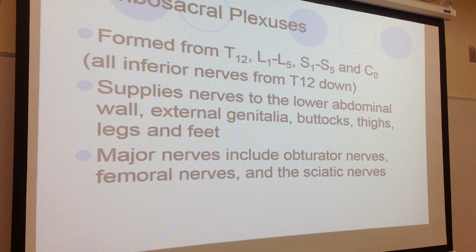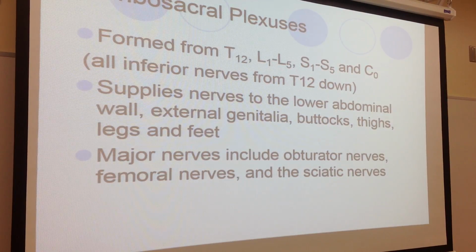The lumbosacral plexus. Now where does this one start? Well, fibers coming out of T12, L1 through L5, S1 through S5, and C sub 0. In other words, everything from T12, including T12 on down, is going to form that lumbosacral plexus.